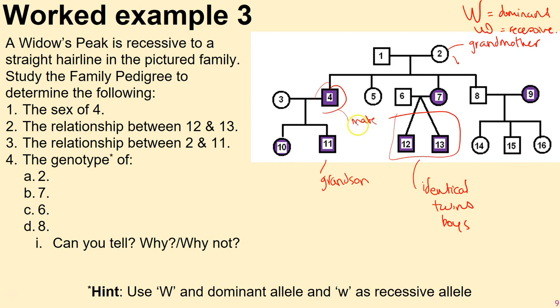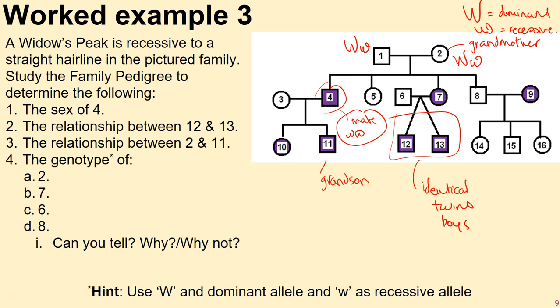So this male must be little w, and then the mother must have been big W, little w, because they weren't affected, and the father must also be big W, little w to end up with the little w trait.